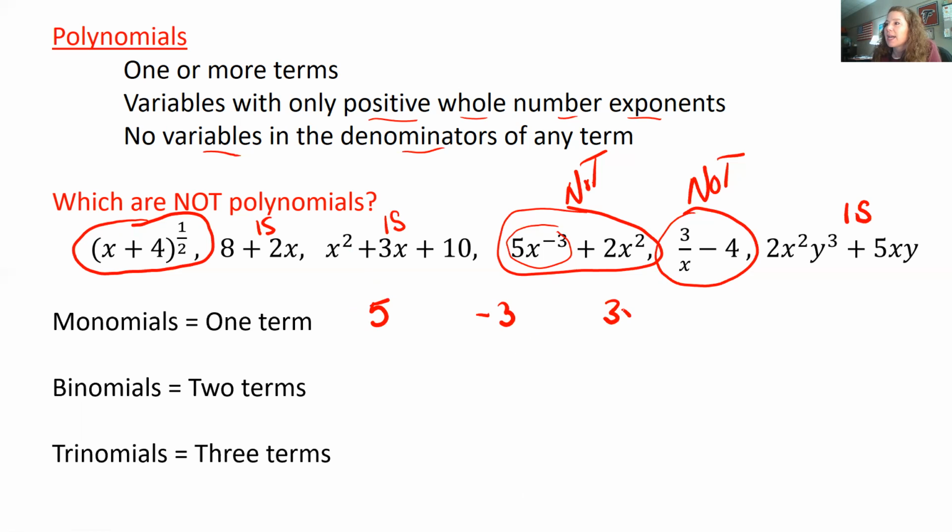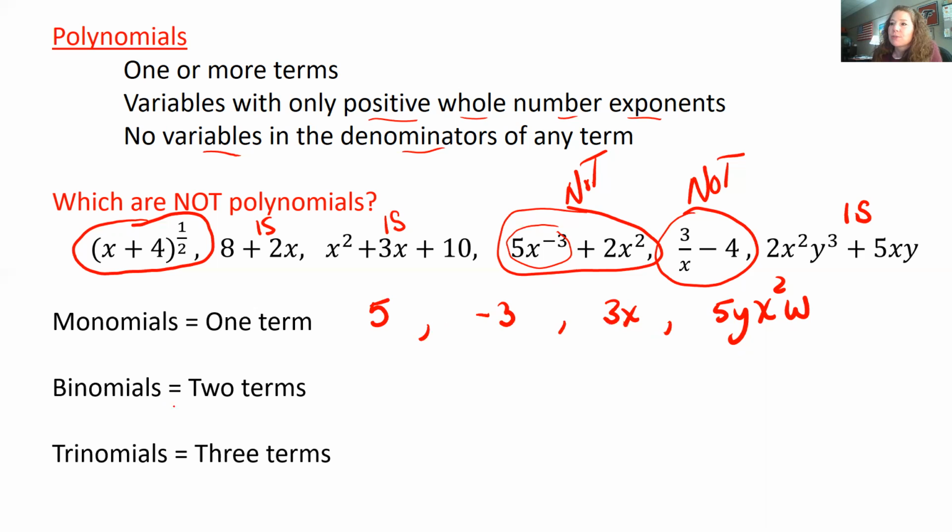Or you could have 3x, or you could have 5y x to the second w. That's one term. There are no plus or minus signs in there. So that's a monomial. Even though we have lots of variables and an exponent, that's one term. So all of those are examples of monomials.